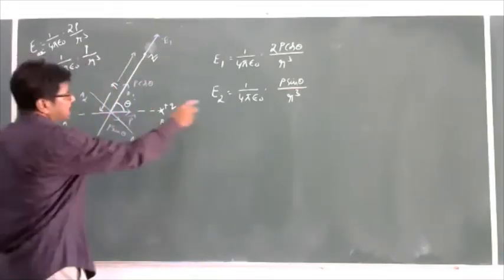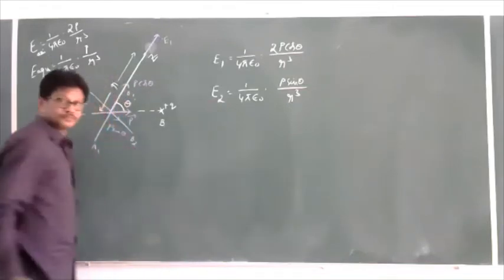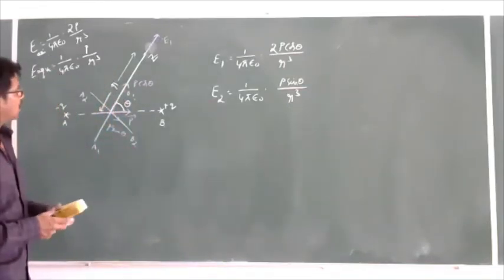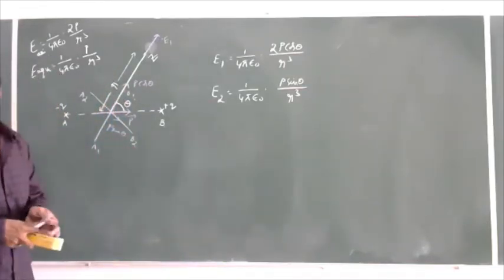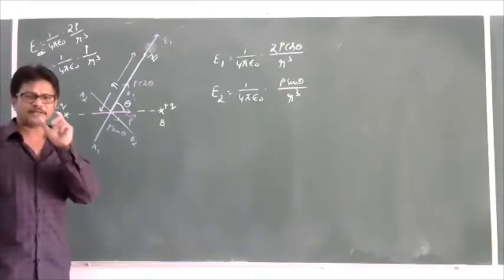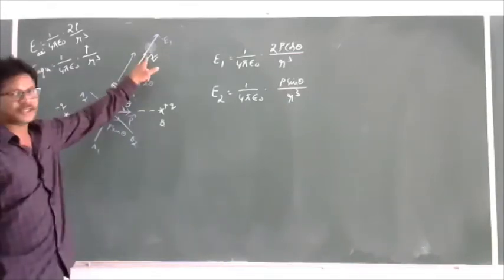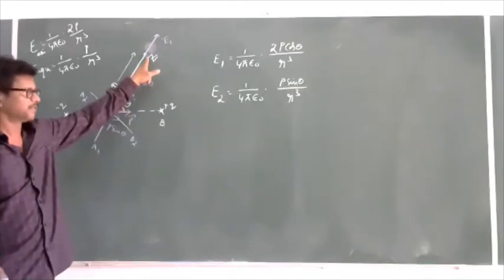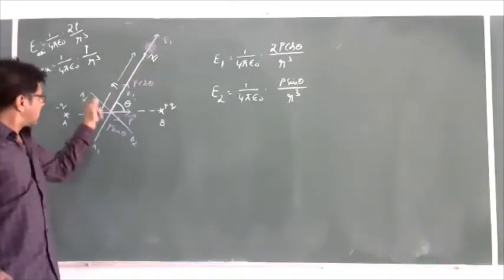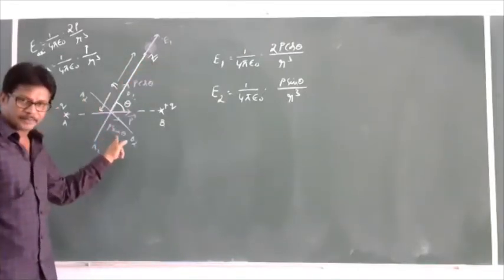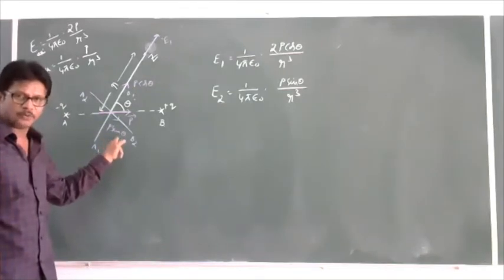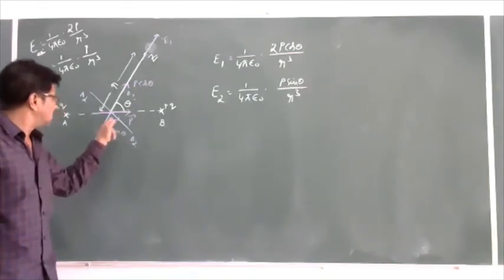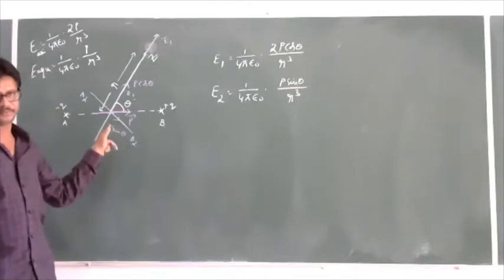Now what is the direction of this E2? The direction of electric intensity at any point on the equatorial line, as we discussed on Saturday, is parallel to the dipole moment and opposite in direction to the dipole moment.